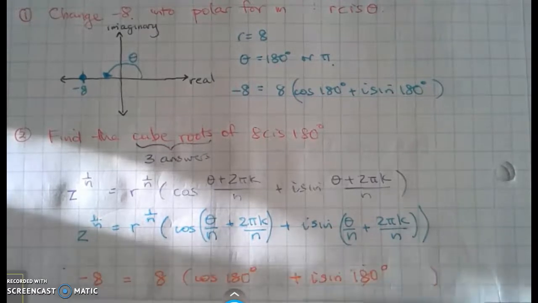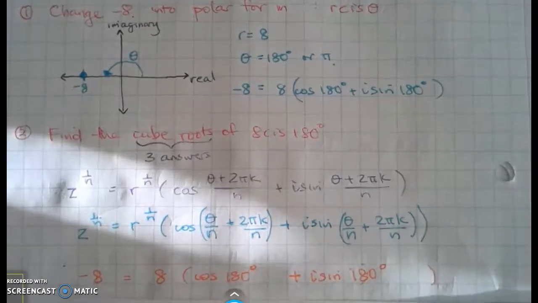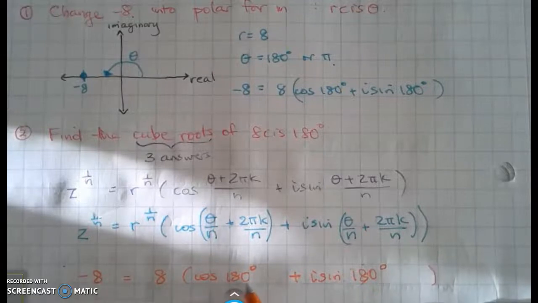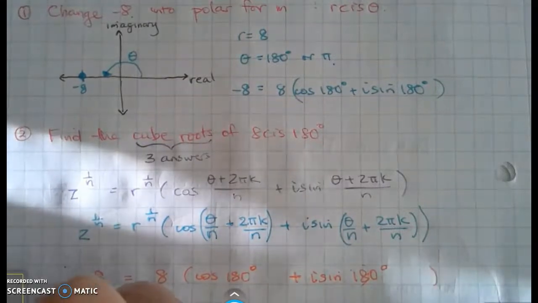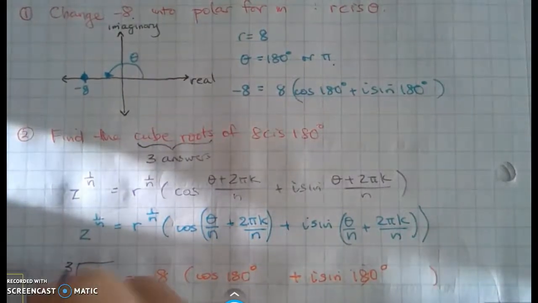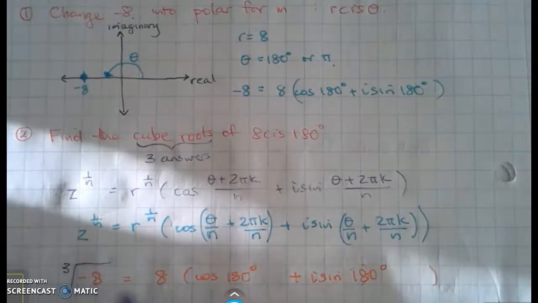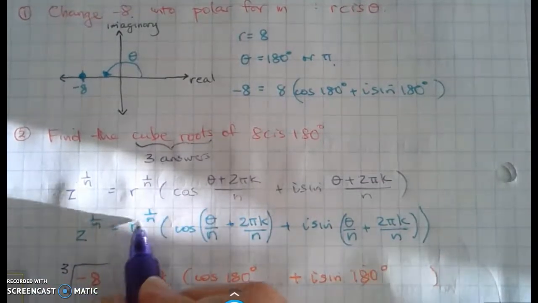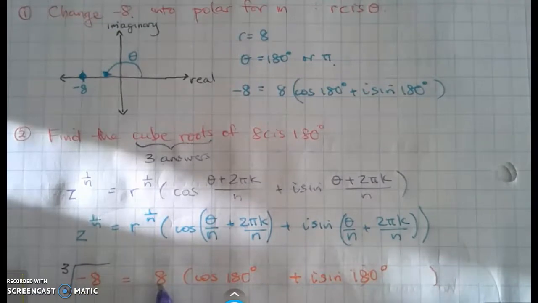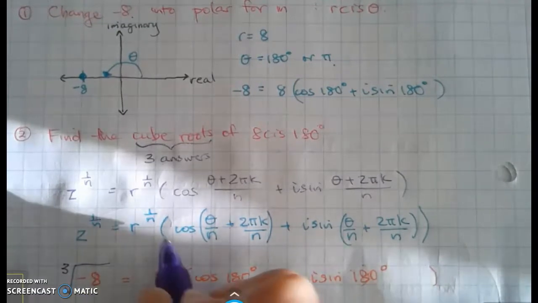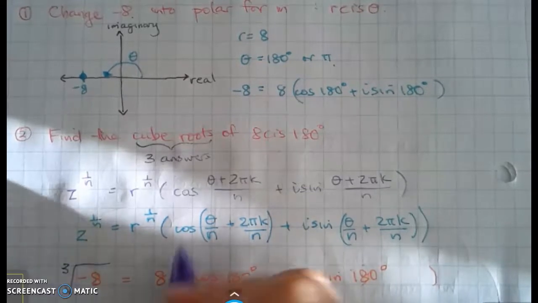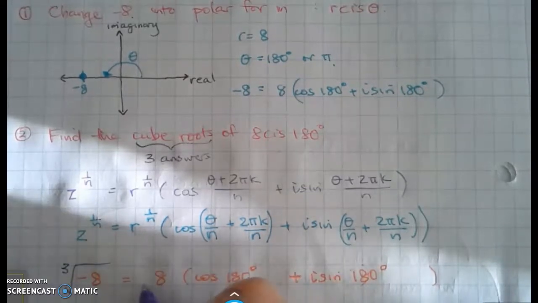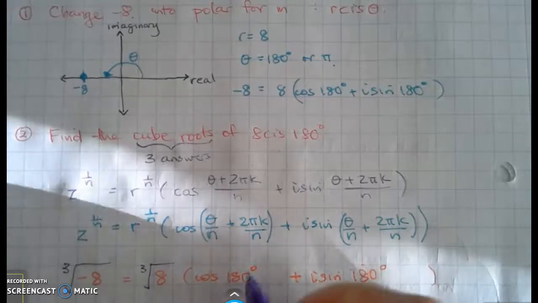So I found that -8 is equivalent to 8 cosine of 180 degrees plus i sine of 180 degrees. Then from here, remember I'm trying to get the cube root of it, and according to this rule, I need to raise the modulus, the radius, to the power of 1 over n. In this case, n is 3, so it's going to be 1 over 3, or taking the cube root of 8.